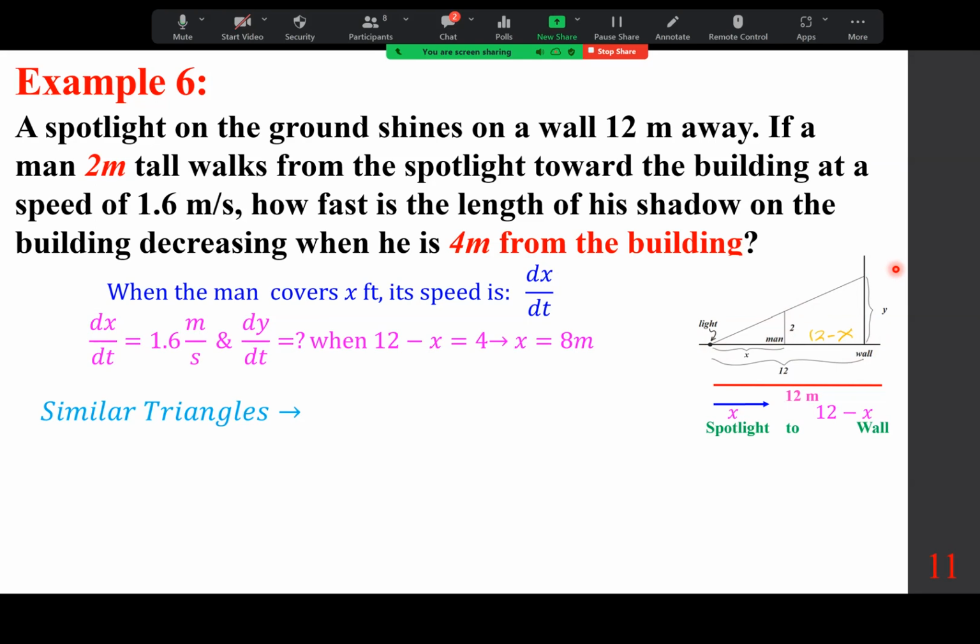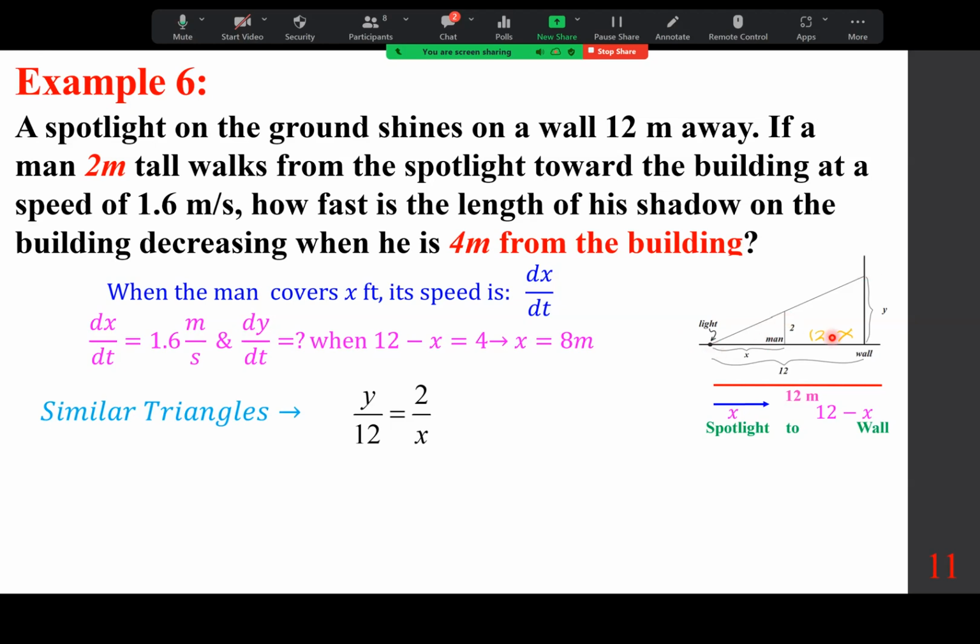So if I am comparing the two triangles, one way to write it, the ratio of y to 12 is the ratio of 2 to x. So this is the easiest way to involve both of them.